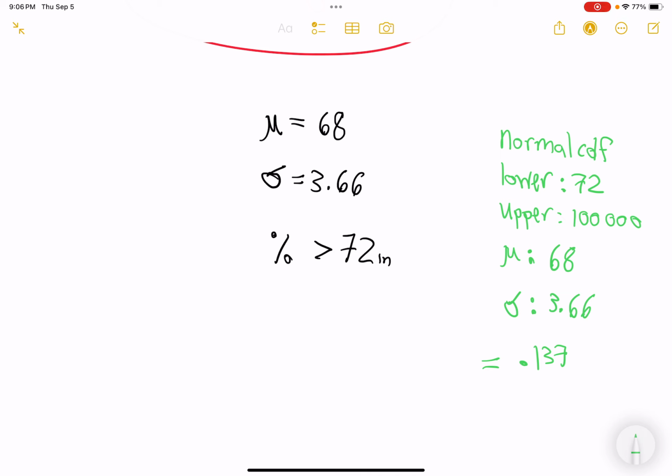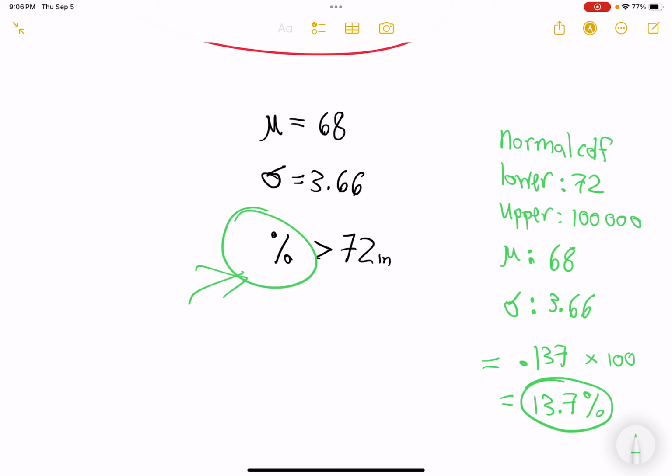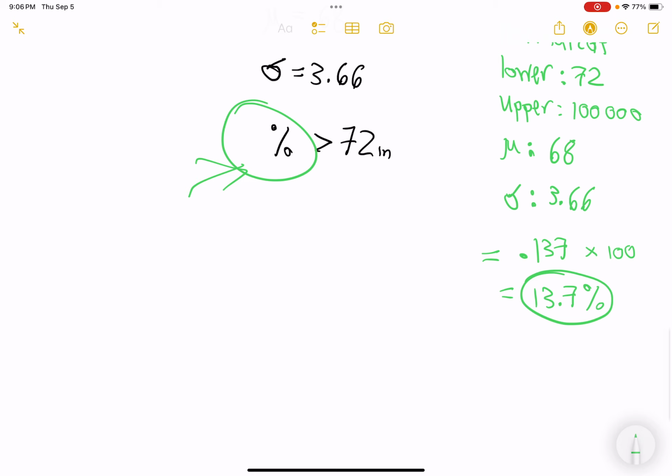And then because we're asking specifically per percentile, I'm going to multiply that value by 100 to get percentile. And that gives me 13.7%. Now I'm almost done. The final part of my solution is 2 parts.